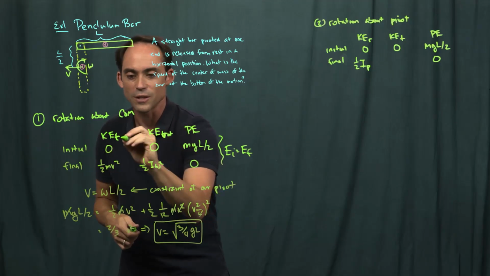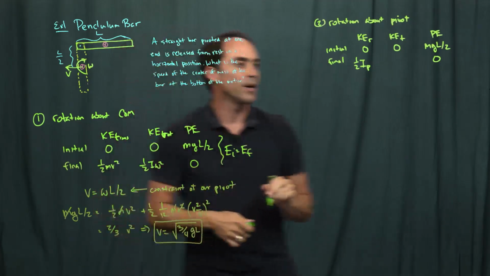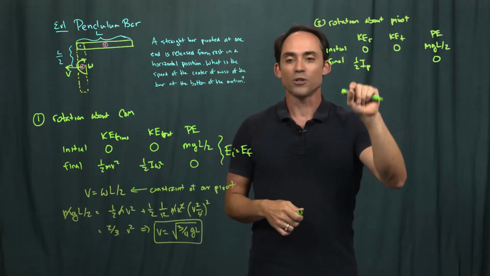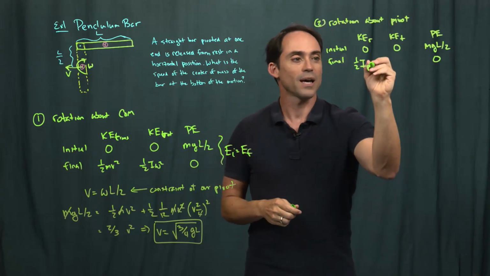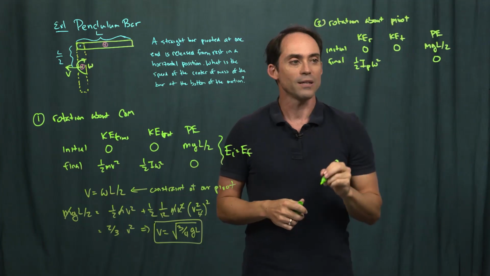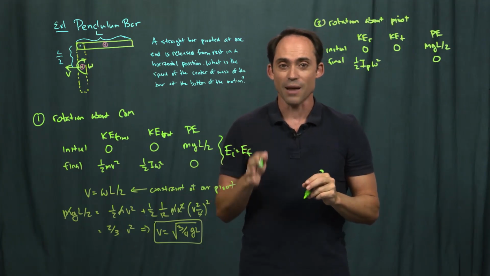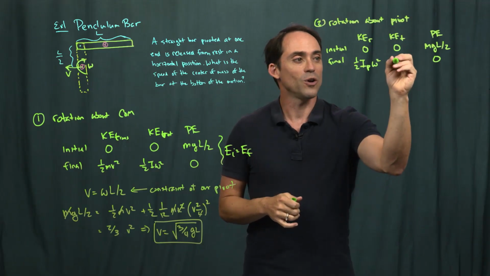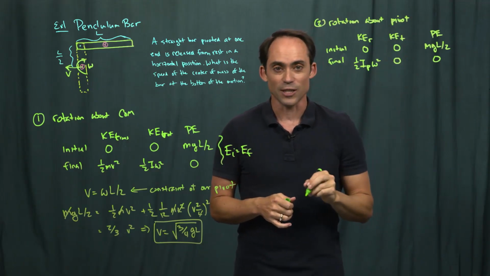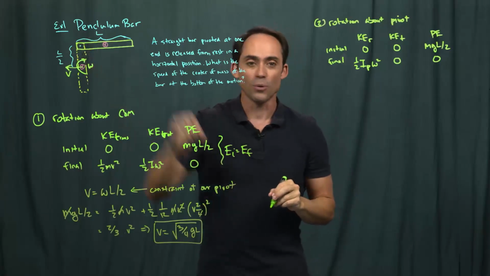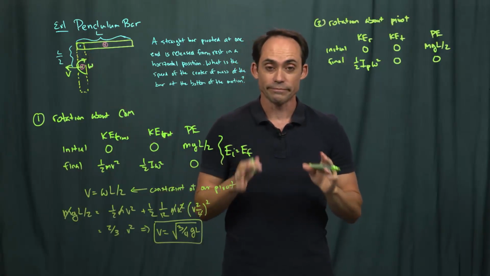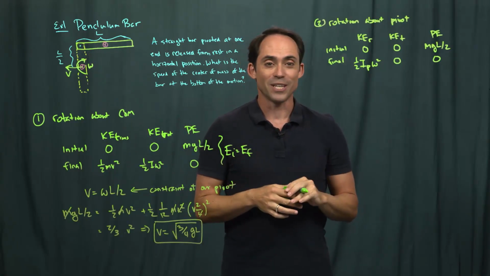All right, so this is the moment of inertia about the pivot point times the rotation rate, omega squared. And because that pivot point is not moving, we've got no translational energy of that point on our bar. All right, so how do we deal with that?